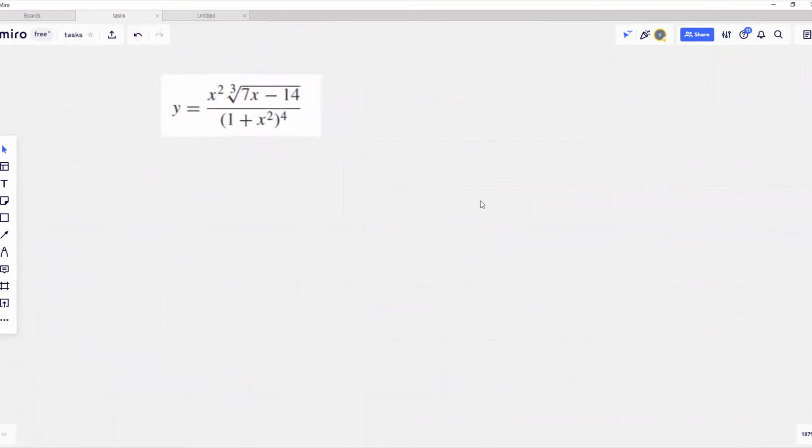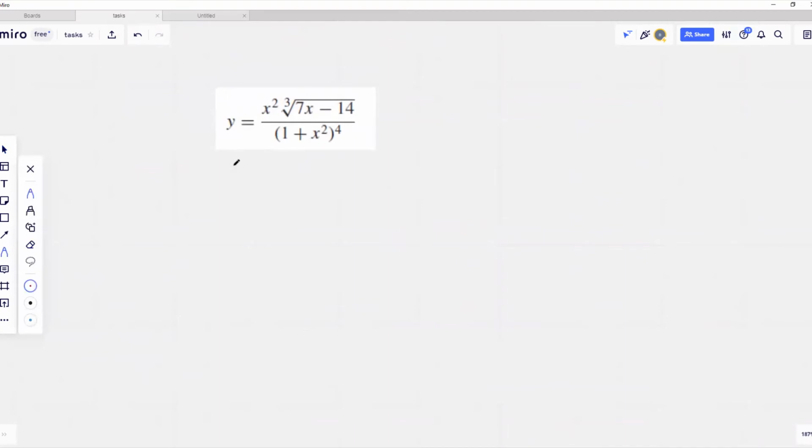Now, let's use the following useful trick to find the derivative of this function y. Let's take ln from both sides. We'll have ln of y equal to ln of the following huge fraction, which, using properties of logarithmic functions, we can express as the following sum.